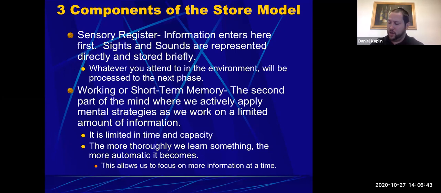So I know that today this example might be a little bit less relevant, but I want you to imagine that you are trying to remember a phone number. And you didn't have your cell phone with you, you didn't have a pen with you, and someone gives you their phone number and it's important.